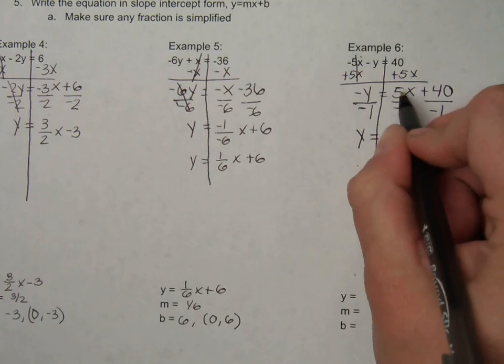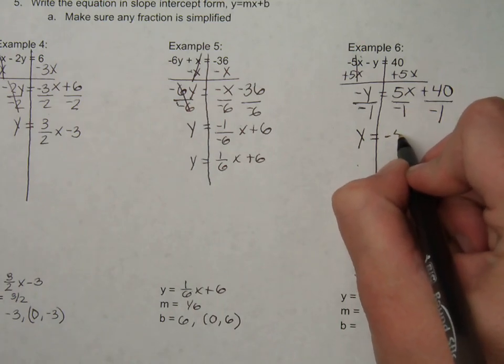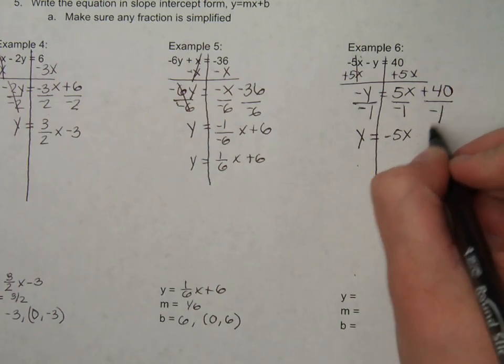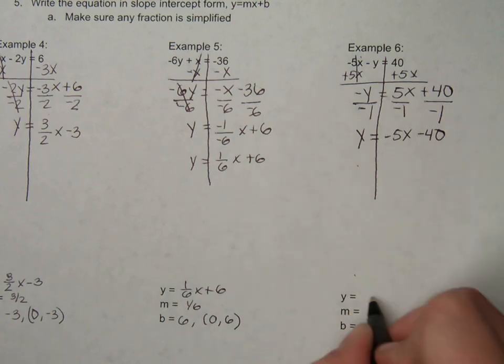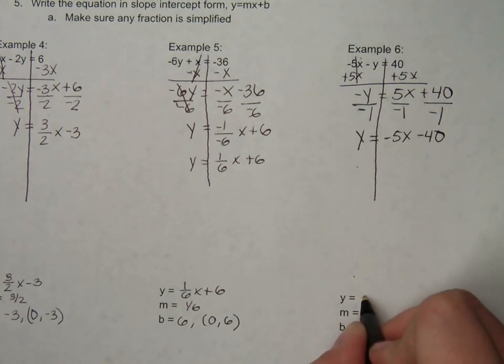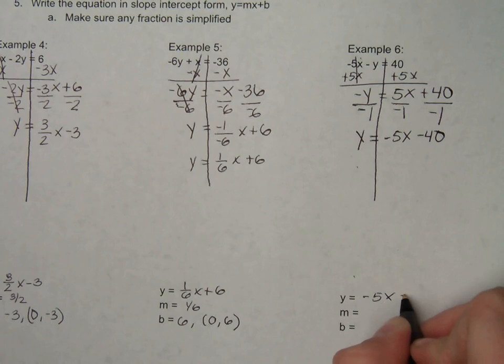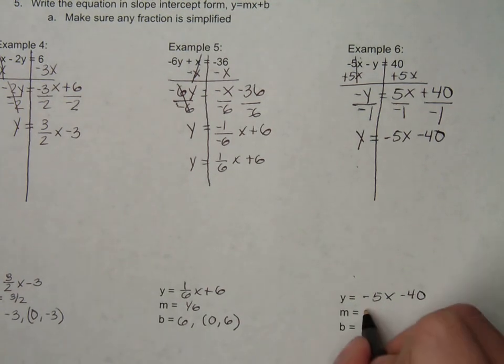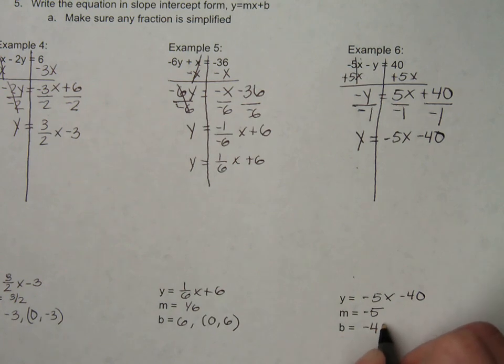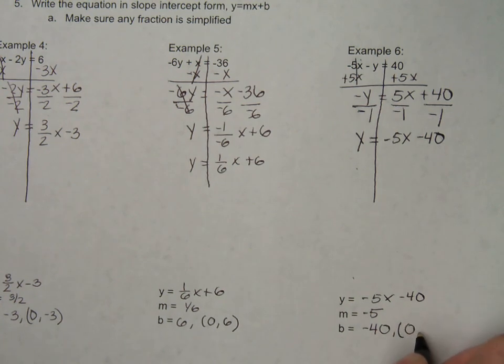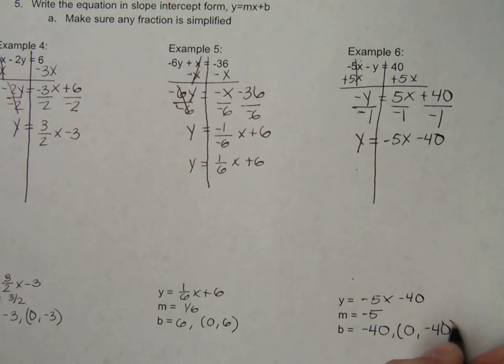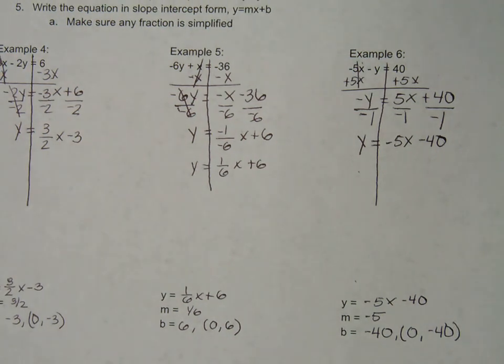So y equals 5x divided by negative 1, which is negative 5x, and 40 divided by negative 1 is negative 40. My equation in slope-intercept form is y equals negative 5x minus 40, where my slope is negative 5 and my y-intercept is negative 40, which can be written as (0, negative 40).